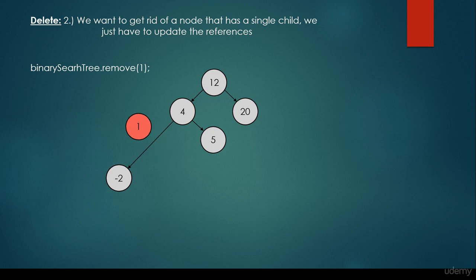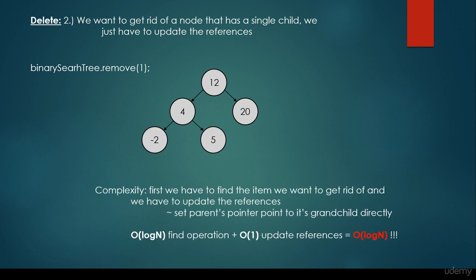We just have to set it to null, and it's very important that we tell the parent of this 1, which is the node 4, to point to the child of the node 1. That's why we update the references like this. So the 4 is going to point directly to the node -2. And we set this node 1 to null to avoid obsolete references. Of course the time complexity is logarithmic, this is why we like tree-like structures.